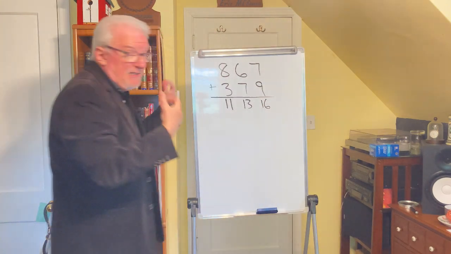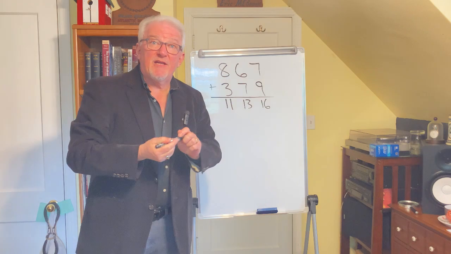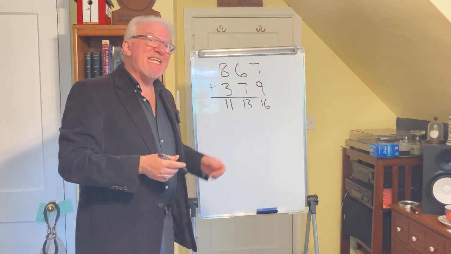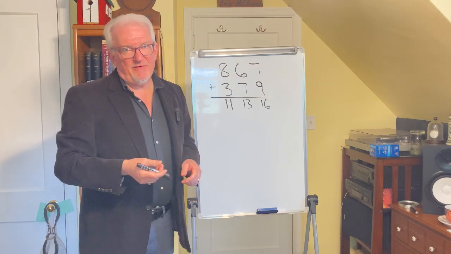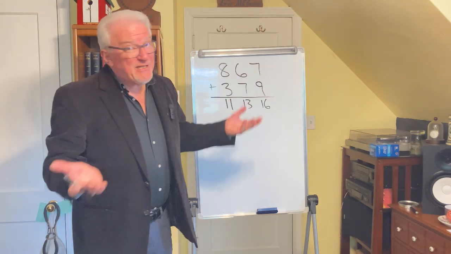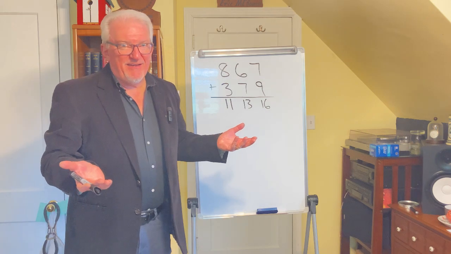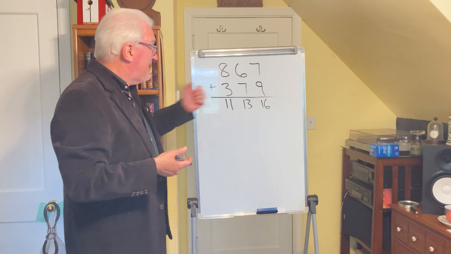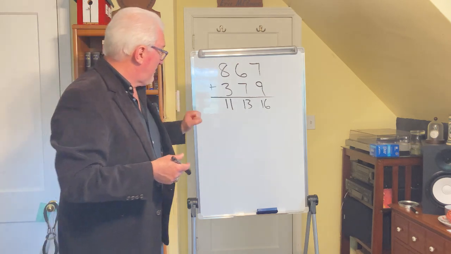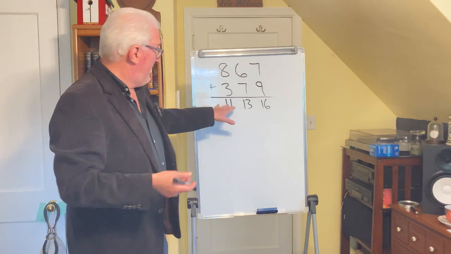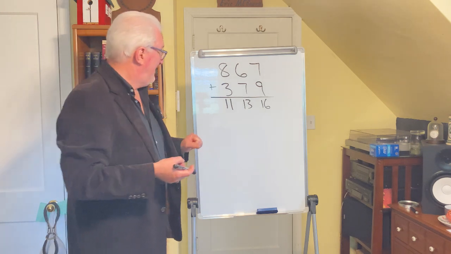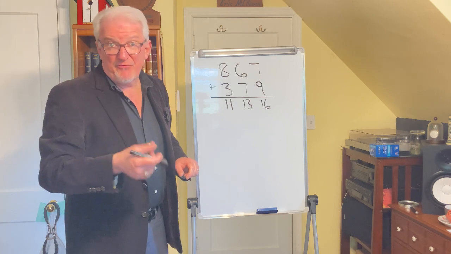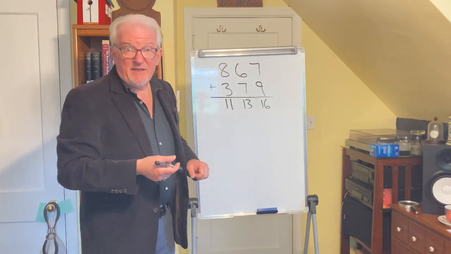And so, if we read our answer the way we read the answer to the previous problem, we have 11 hundreds 13 tens 16 as our final answer, which actually there's nothing wrong with that. It's not the way society usually likes to hear the answer, but it is exactly right. The answer is going to be a total of 11 hundreds added to 13 tens, 130, and another 16.